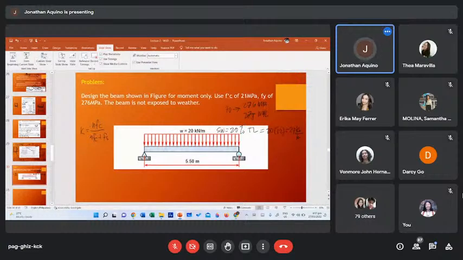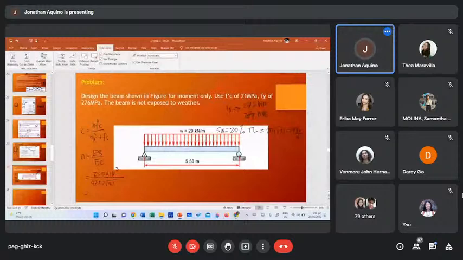So n natin is just simply equal to Es over Ec. So Es is 200 times 10 to the 3 megapascal divided by Ec of 4700 square root of f'c. So f'c natin is 21 megapascal. So ang n natin is just simply 200 times 10 to the 3 divided by 4700 square root of 21.